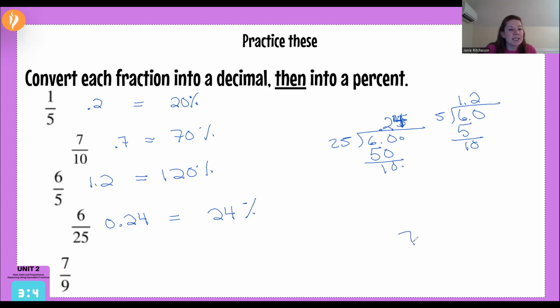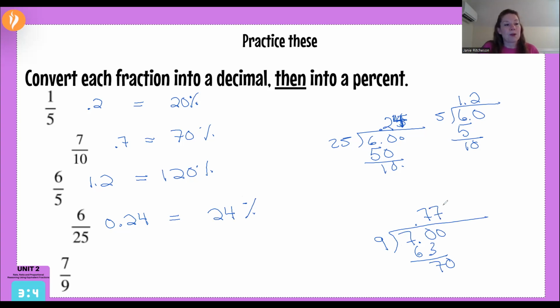And then 7/9. So a little trick about the 9s. If 9 is the denominator, you have a repeating decimal. So it's going to be 0.77777. I know this because that's what 9s do. If it's 2 9s, it's going to be 0.22222. 3 9s is 0.33333. Guess what 4 9s is? 0.44444.